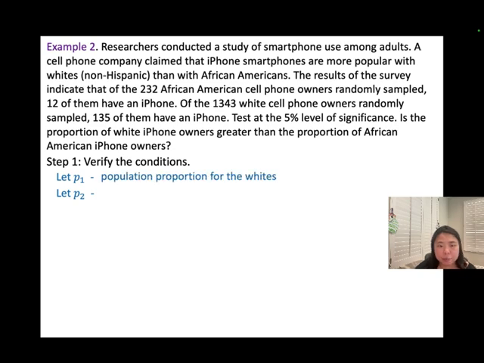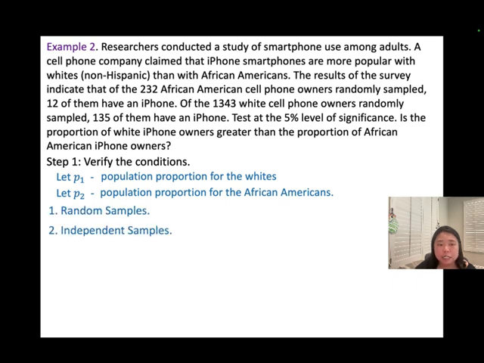So I'm going to let P1 be the population proportion for the white owners, and P2 be the population proportion for the African Americans. And then now verify the conditions: random sample, independent samples, and at least 10 successes and 10 failures.